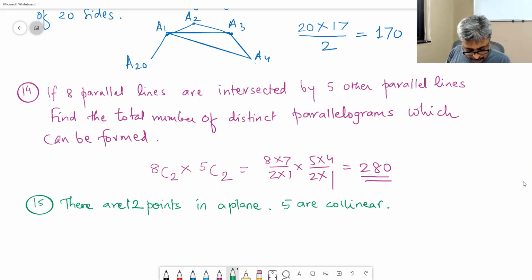No three other than these 5 are collinear.